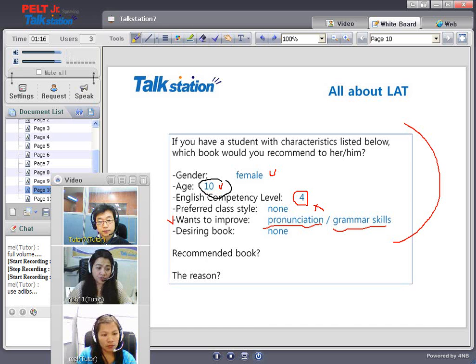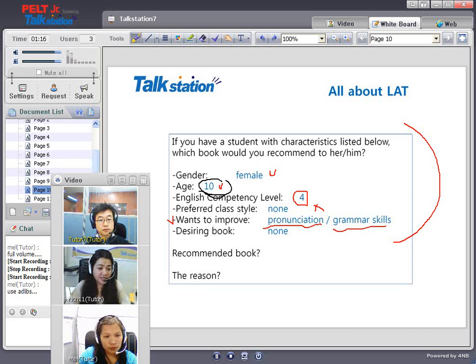But it may change right after I meet the student, right after I talk to him or her, because at this age, like 10, their English proficiency usually differs.